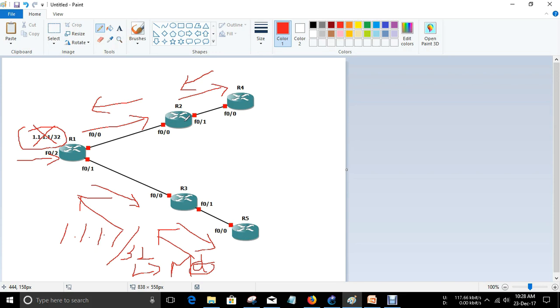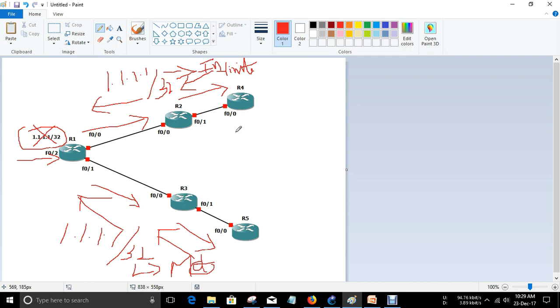Let's consider R2 doesn't have any information about that network. What it replies to R1 is the information about 1.1.1.1/32, but with an infinite metric. So R1 automatically knows that R2 doesn't have information about this network, since it's an infinite metric. So this is how the reply packets play a role.